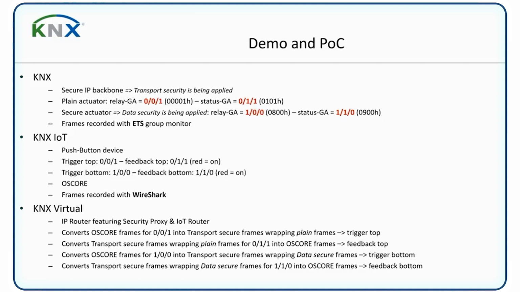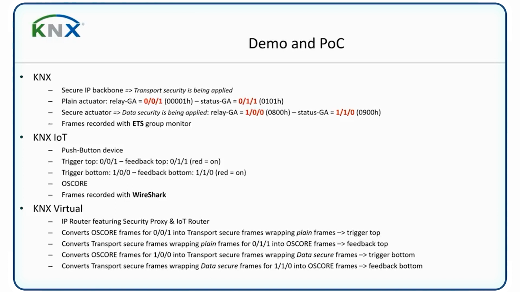The first group address I will use for triggering the plain actuator, and the bottom triggers, I will use those to trigger, trigger is a good word, to trigger the secure actuator. So I want to show you that distinction.